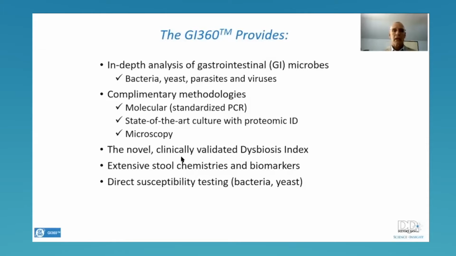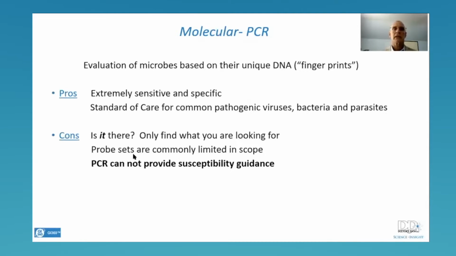We also provide extensive stool chemistries and biomarkers and direct susceptibility testing for bacteria and yeast. So let's take a look at the pros and cons of the different methods that we utilize.